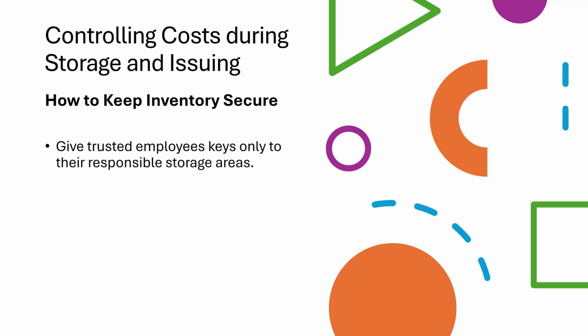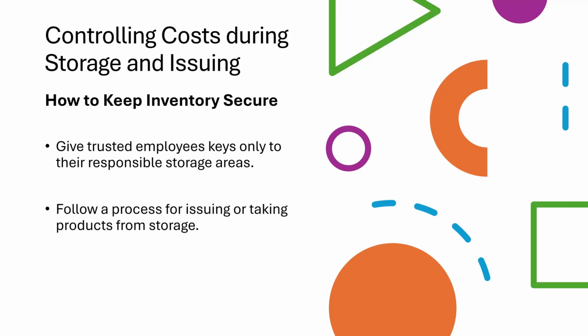First and foremost, especially for high cost items, give trusted employees keys only, and make the storage area their responsibility, so they can be monitoring it. To get something from their storage area, you have to ask them for the key or they have to unlock it for you. Keeping your arms around these types of things in your inventory is very important.